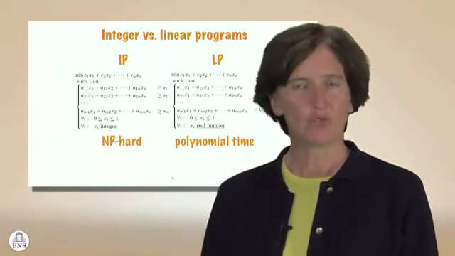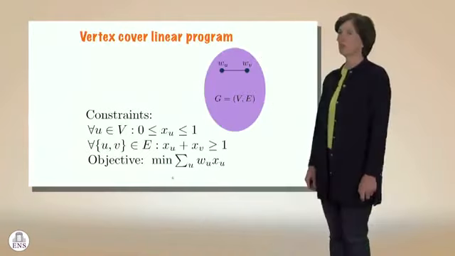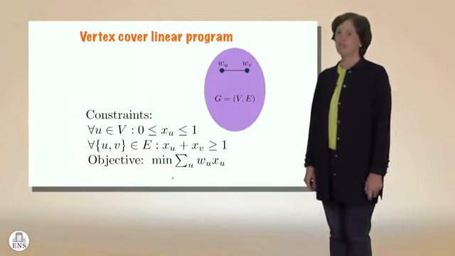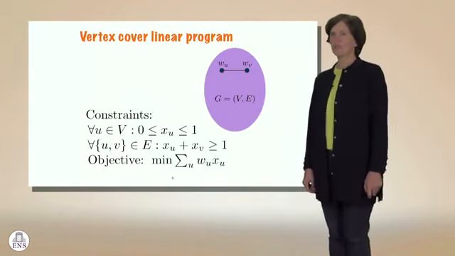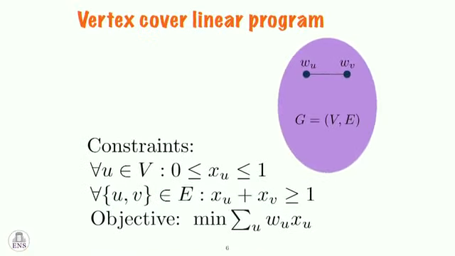So we have an integer program for vertex cover. Therefore, we can write the corresponding linear program. For every vertex u, the corresponding variable xu must be between 0 and 1. For every edge uv, we must have xu plus xv greater than or equal to 1. And the objective is still the same as for the integer program it came from.